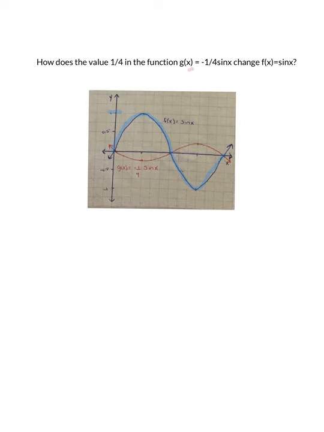Now my new graph, the -1/4 sine x, there's a couple of things that we need to talk about here. The first thing is going to be the negative. The negative means that instead of starting by going up, we're going to start by going down. The 1/4 means that instead of having an amplitude of 1, we will have an amplitude of 1/4.